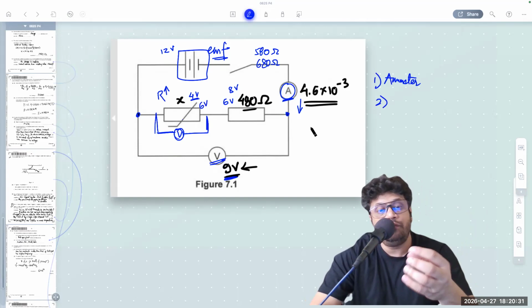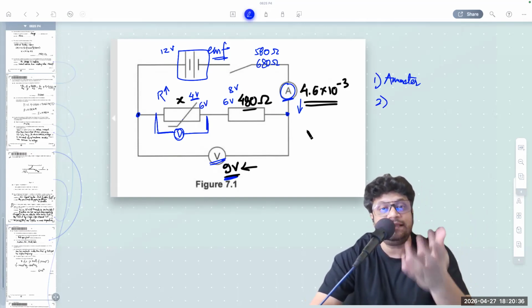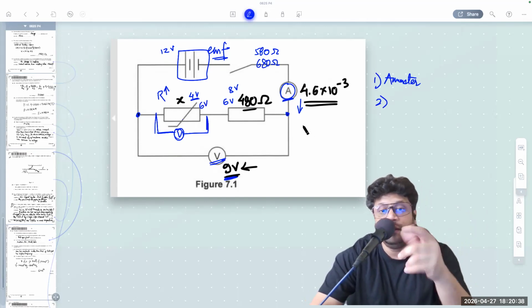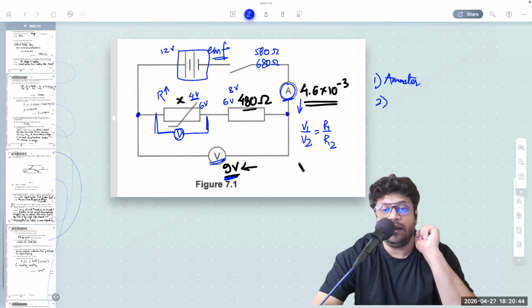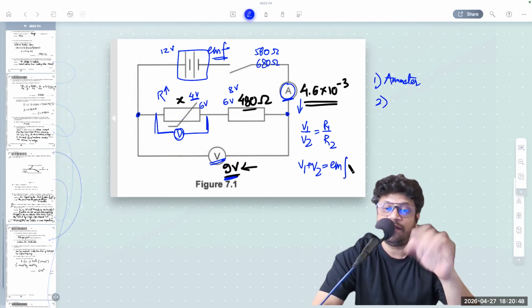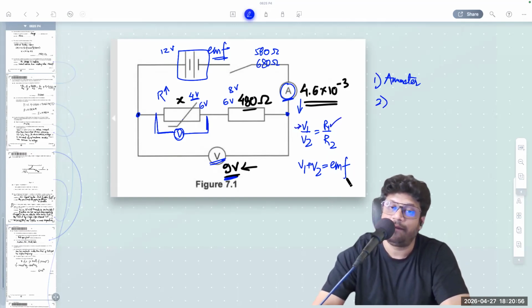The voltages on individual components connected in series follow a simple formula. V1 by V2 is R1 by R2, where V1 plus V2 is supposed to be the total EMF supplied. If there is a larger resistance, it will ask for a larger share.